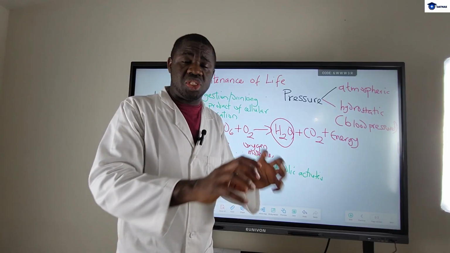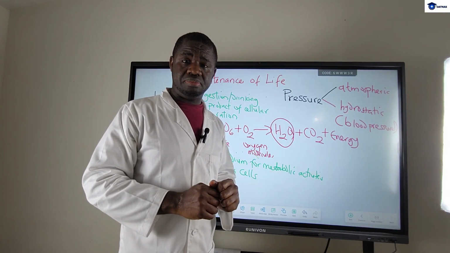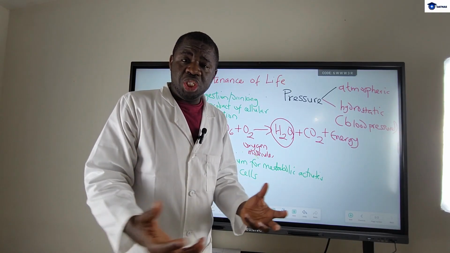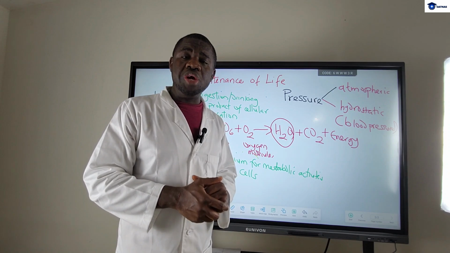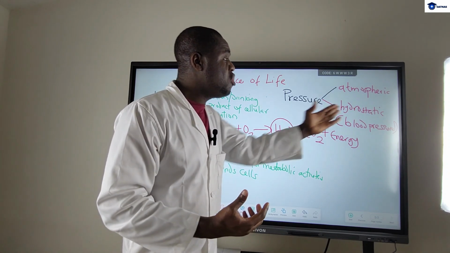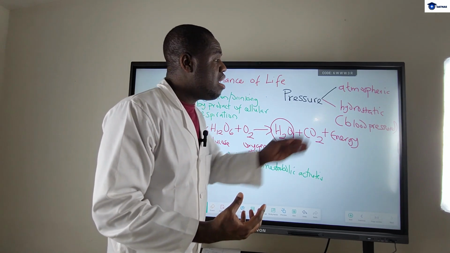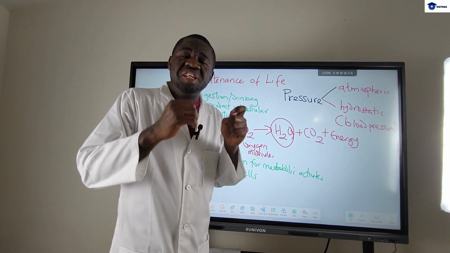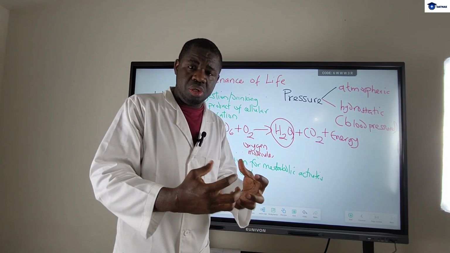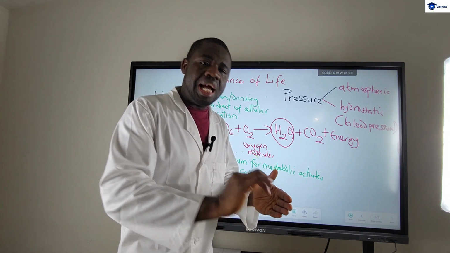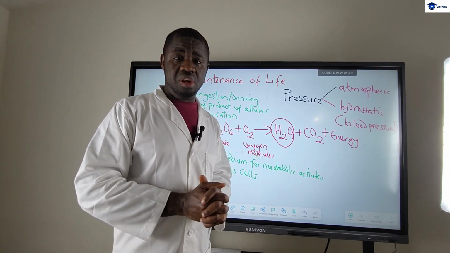There will be stasis of blood. You might have seen patients with problems with blood flow. It's because the heart is not generating enough pressure to sustain and maintain the flow of blood.